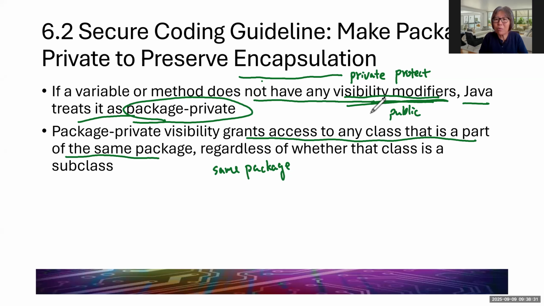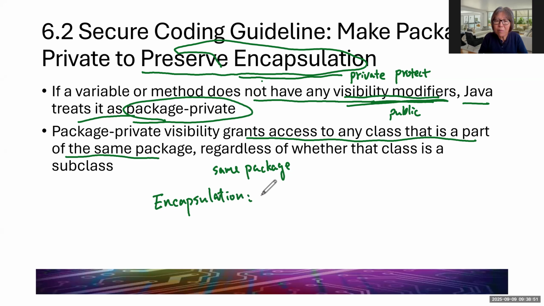If you don't have a specified visibility keyword, at a certain level it preserves encapsulation, which is information hiding. If it's private, then it's only accessible to the class itself.